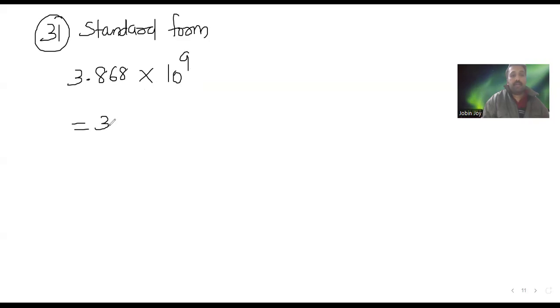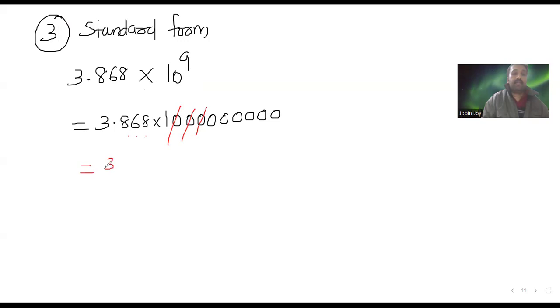This means how many zeros? 1, 2, 3, 4, 5, 6, 7, 8, 9 zeros. After the decimal, there are 3 places, so I will cancel 3 zeros.